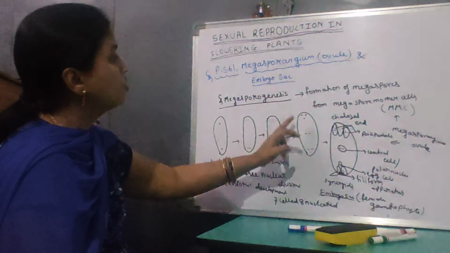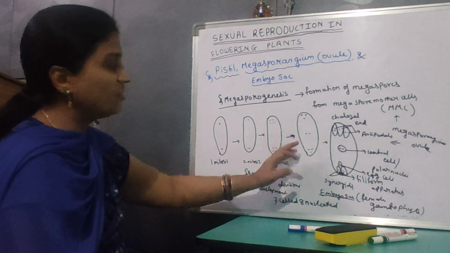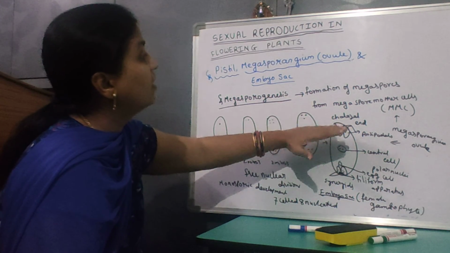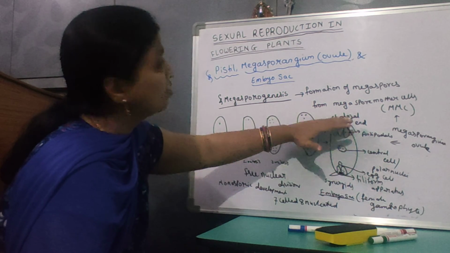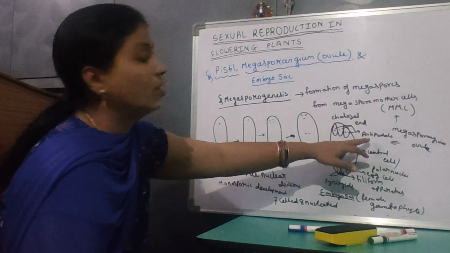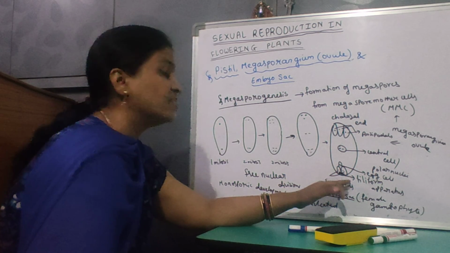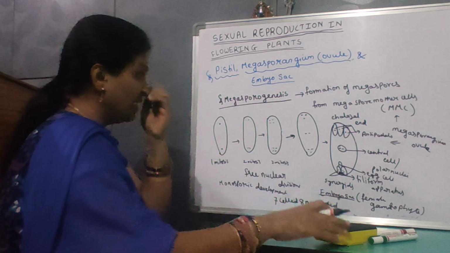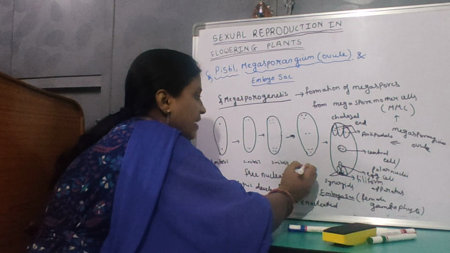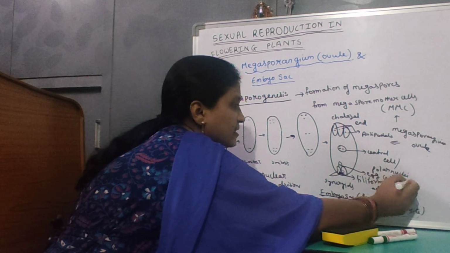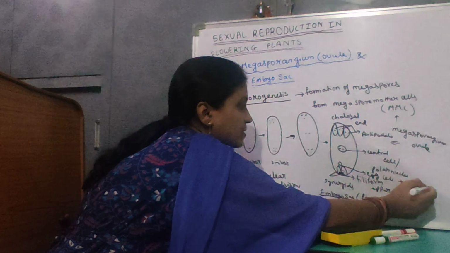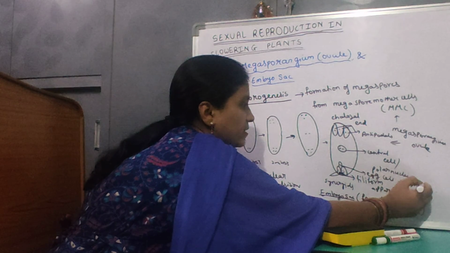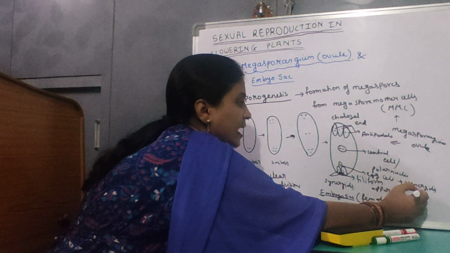From those 8 nuclei, 2 of them will move towards the center and form a central nucleus, the polar nuclei. Then the 3 cells which are present nearer to the chalazal end are called antipodals. And the cells which are present near the micropylar end are called the egg apparatus. The egg cell plus synergids is called the egg apparatus.